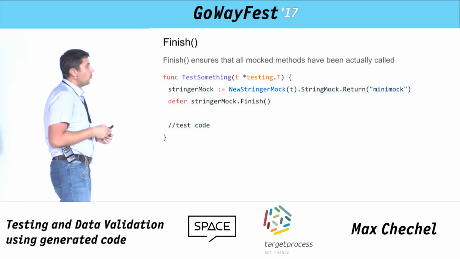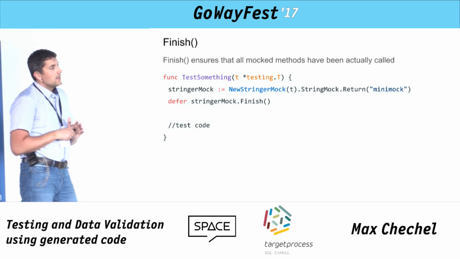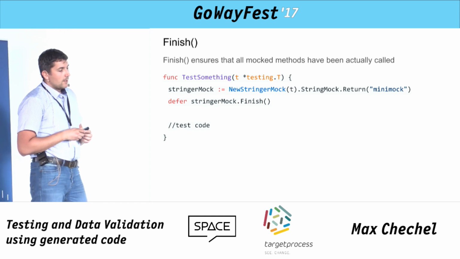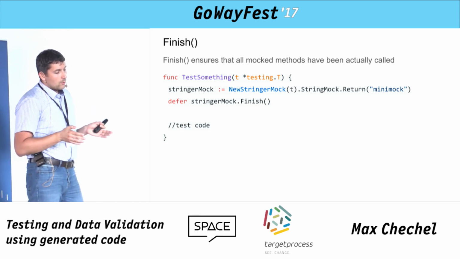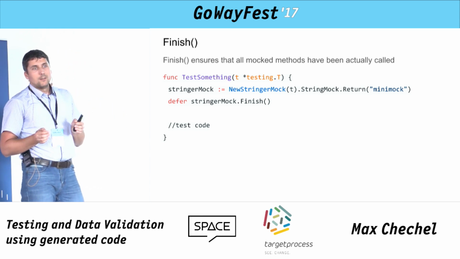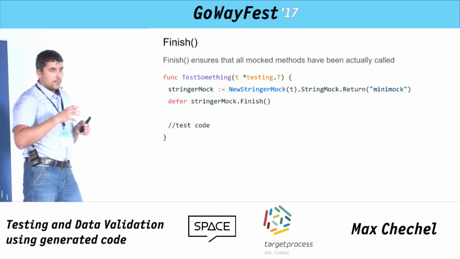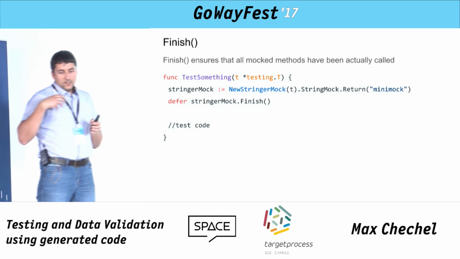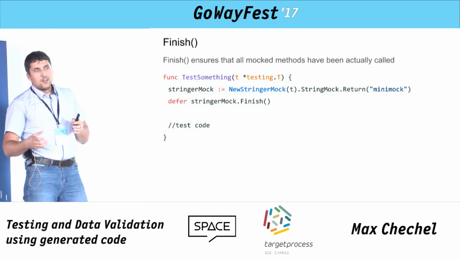And why is it important? Because over time, in the tested code, you can stop using some dependency. And in the test, you still initialize this dependency.